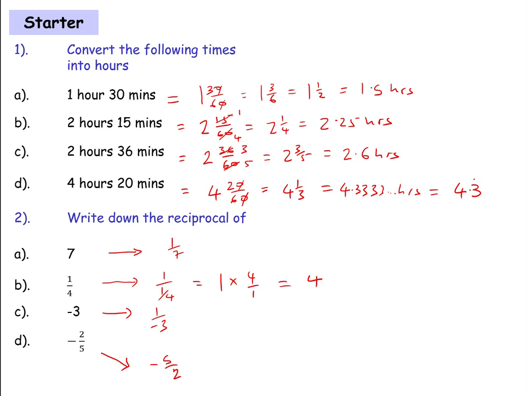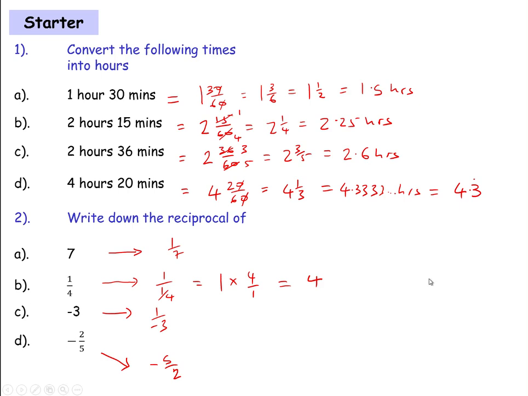What I want you to do is go back into the assignment, and there are 2 worksheets, which if you can print them off, that'd be great. If you can't, then just carry on with the PowerPoint.